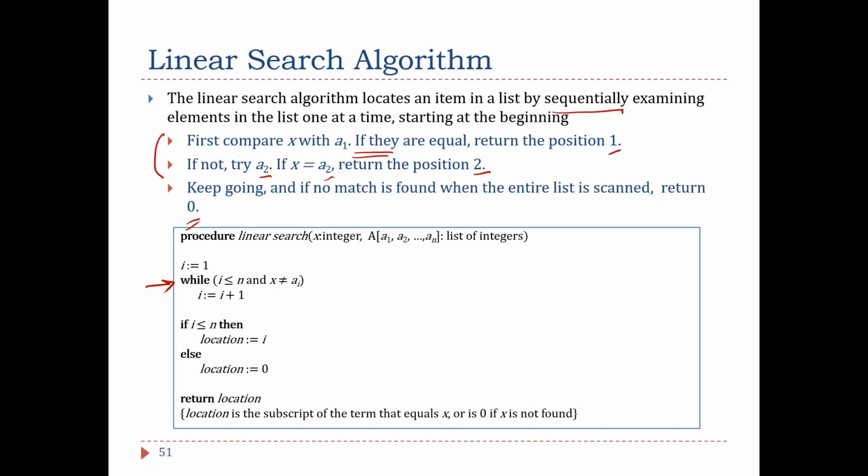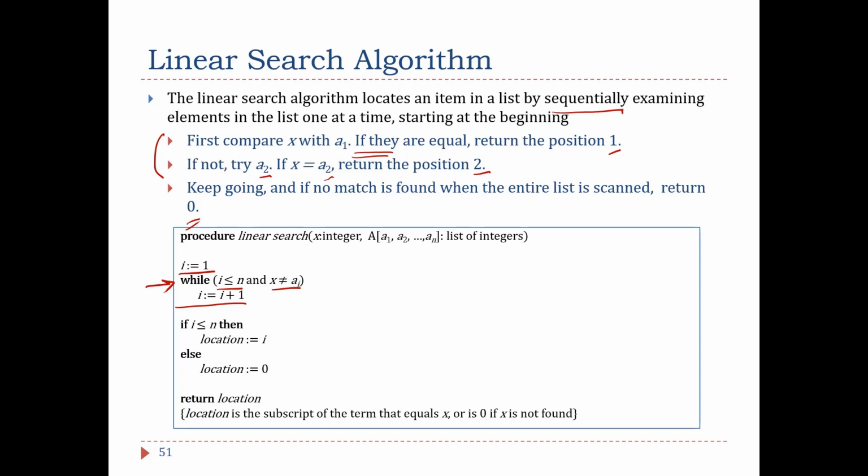So how does it look? We start with a counter equal to 1, and as long as it is less than or equal to n, we check x against ai. If they are equal, this condition will be evaluated to false, and we will jump outside of the while loop.